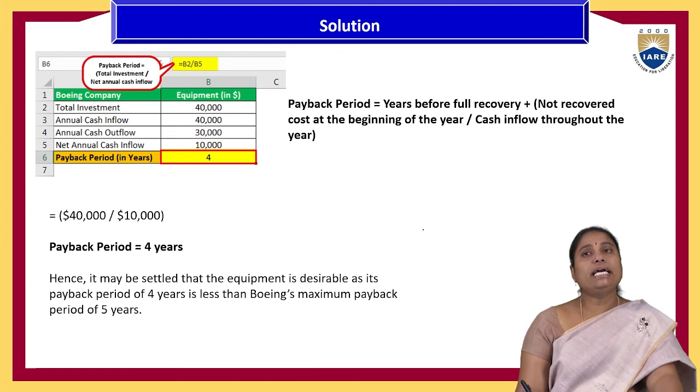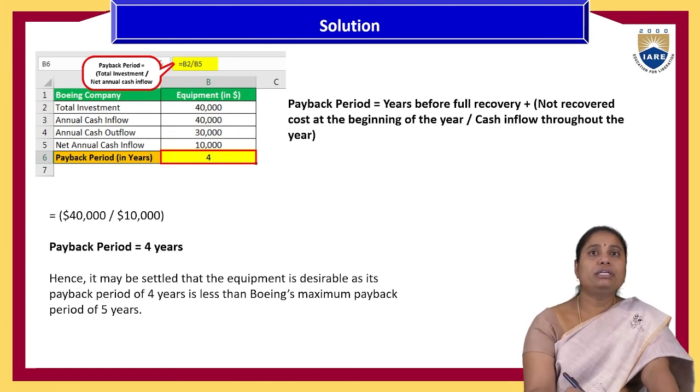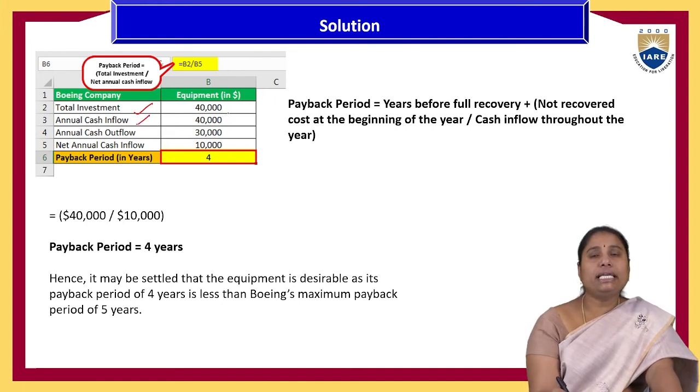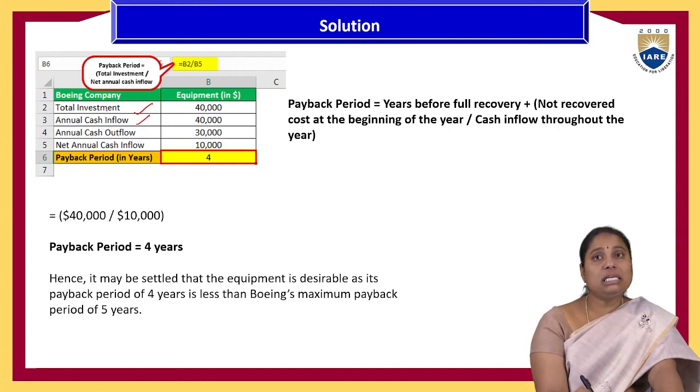Now, if we have to calculate this payback period, the total investment of that equipment is $40,000, annual cash inflow is again $40,000, and there is an annual cash outflow. The first investment is one time, but every year they are going to additionally invest.